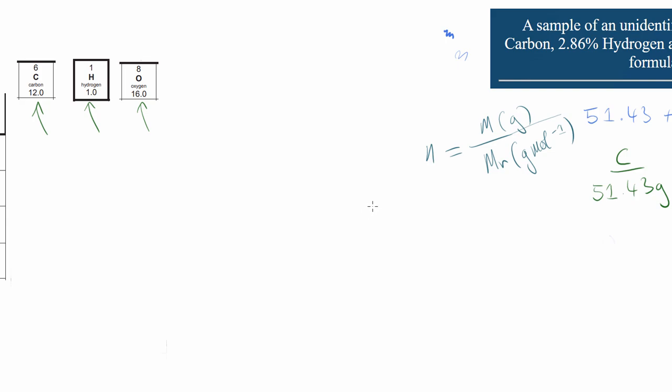For carbon, the Mr of carbon is going to be 12. The Mr of hydrogen is going to be 1. And the Mr of oxygen is going to be 16.